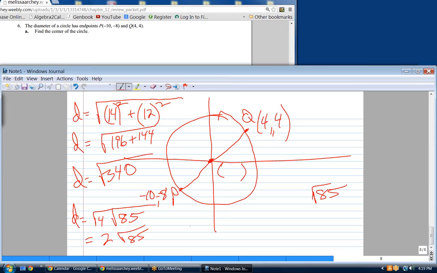What's the midpoint? What's the midpoint formula? Well, what's halfway between the x-coordinates? What's halfway between -10 and 4? Oh, -6. Well, -7.